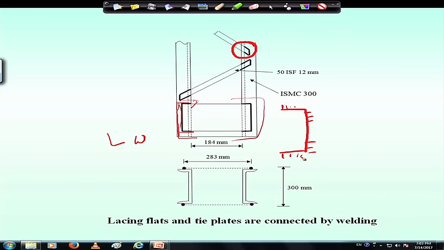So, in today's lecture we have demonstrated the connection between lacing member and the compression member. There are two types of connections, one is weld connection, another is bolt connection.